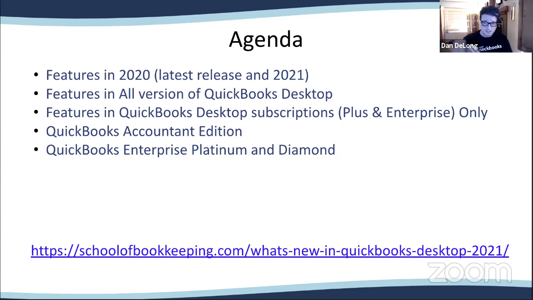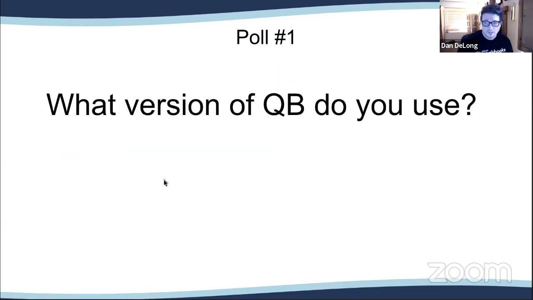That's a big change this year with regards to the subscription model that Intuit is rolling out. Then features that are in QuickBooks Accountant Edition, and then the Enterprise Platinum and Diamond versions of QuickBooks.